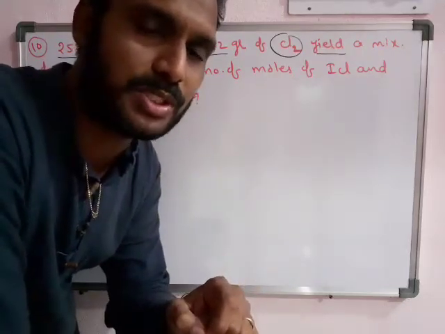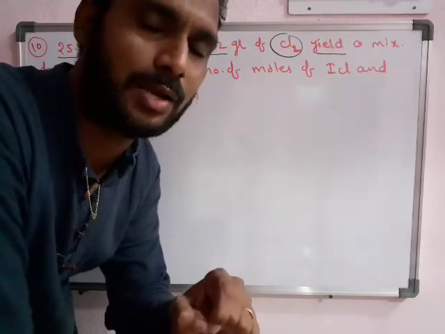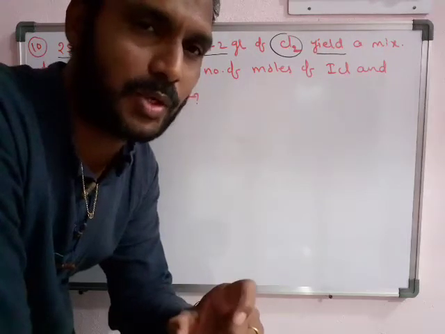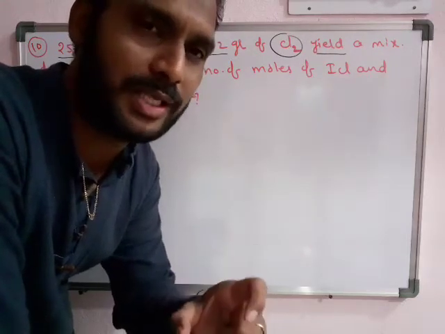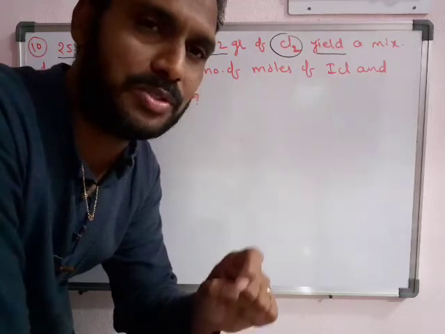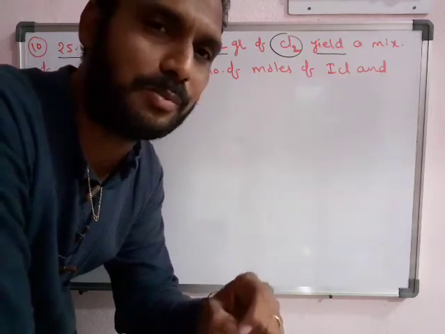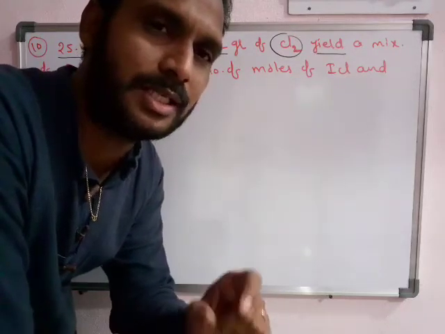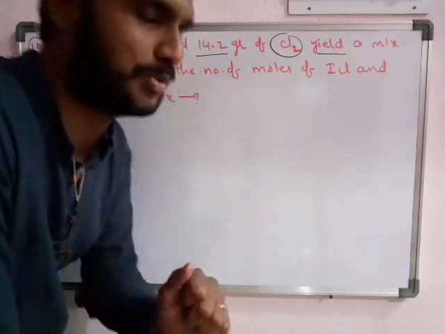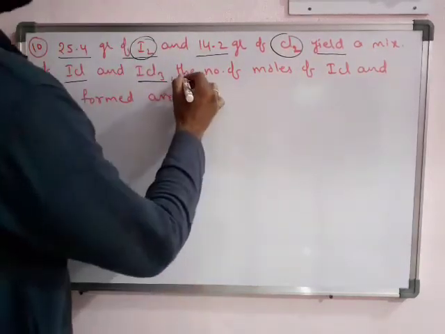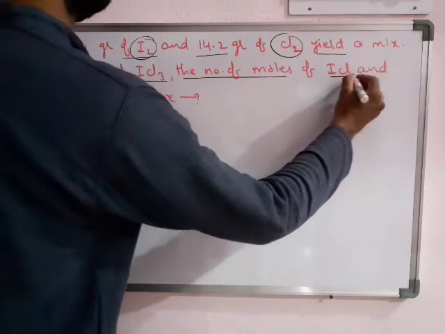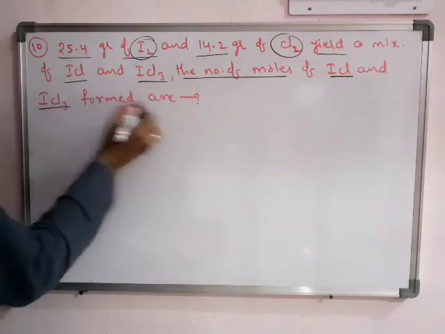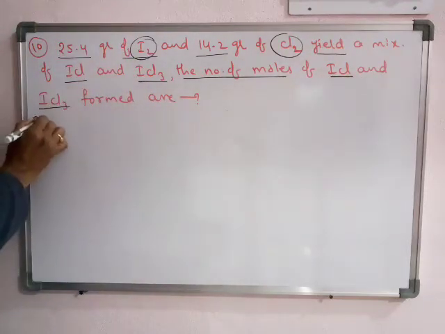This type of compound is known as an interhalogen compound. The molecules formed between two or more halogens are known as interhalogen compounds. We have to find the number of moles of ICl and ICl3 in the reaction.